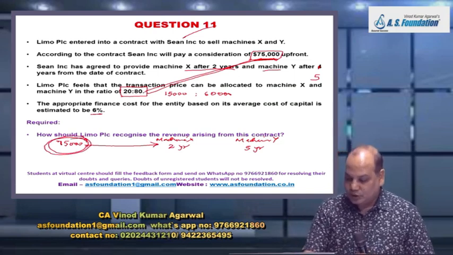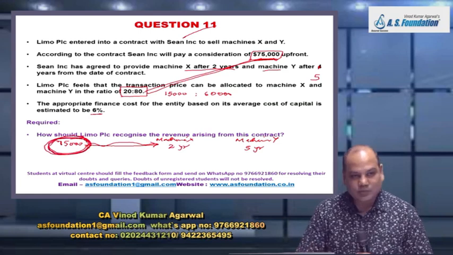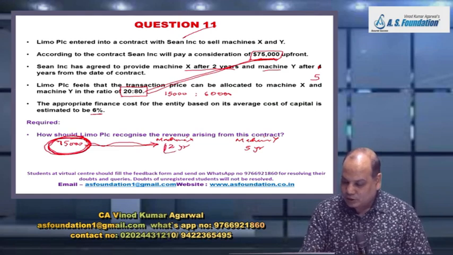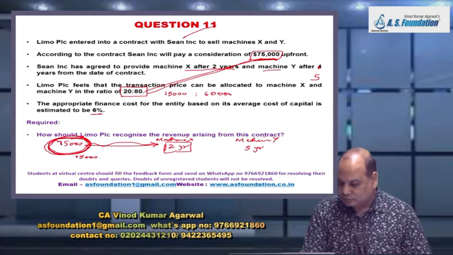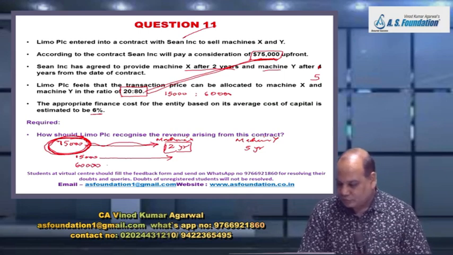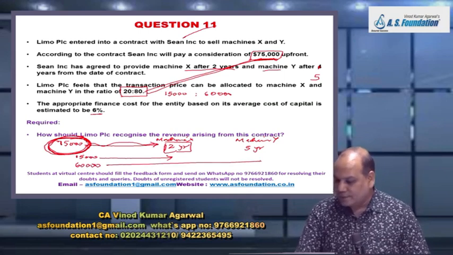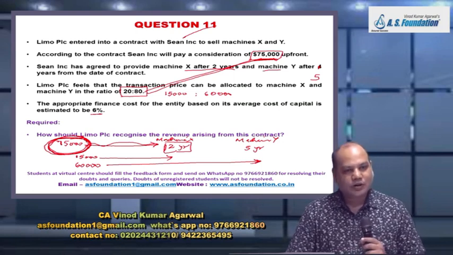So therefore it is the customer who is financing you. Of course you are going to give him some concession here if he is going to finance you. So while calculating the revenue to be recognized, on 15,000 we'll consider interest for 2 years, and on 60,000 we'll consider interest for 5 years, and that amount will be recognized as revenue.